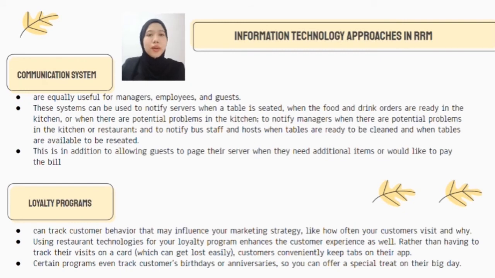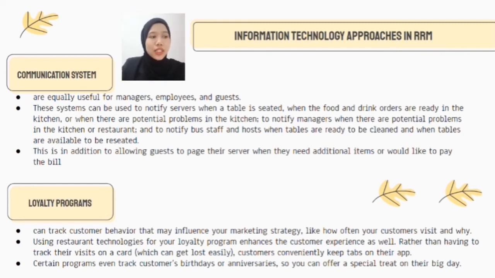One is the communication system. This system are equally useful for managers, employees, and the guests. This system can be used to notify servers when the table is seated, when the food and drink orders are ready in the kitchen, or when there are potential problems in the kitchen. To notify the managers when there are potential problems in the kitchen or the restaurant, and to notify bus staff and hosts when tables are ready to be cleaned and the table are available to be reseated.